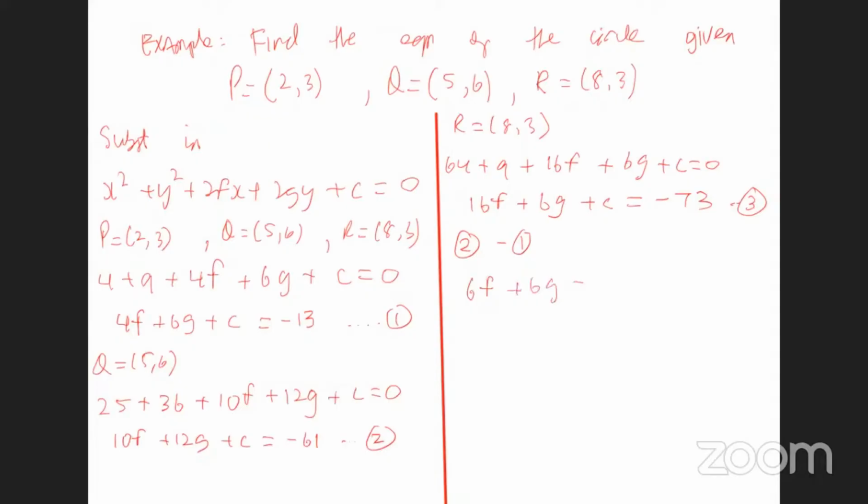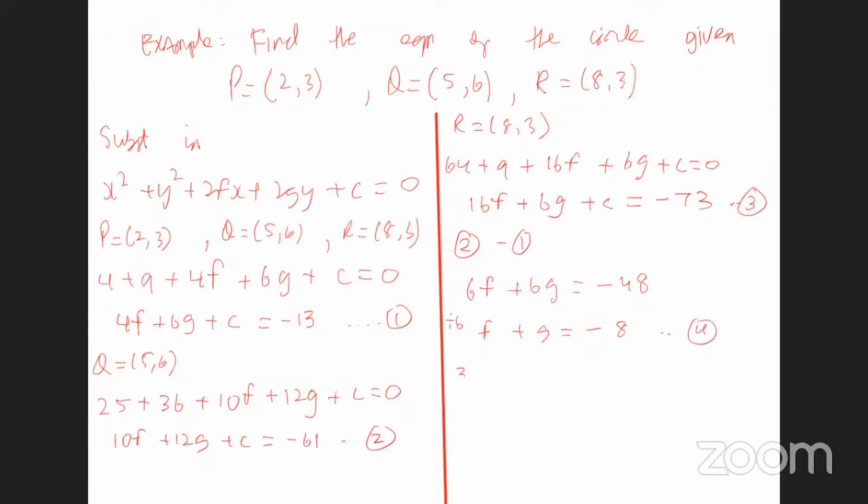Then the C will cancel. Minus 61 minus 13 is minus 48. Nice, everything has 6's and I can just divide it out. If I divide by 6, F plus G is equal to minus 8. Let's call that equation 4.